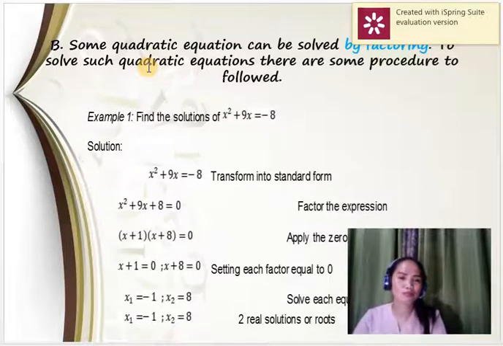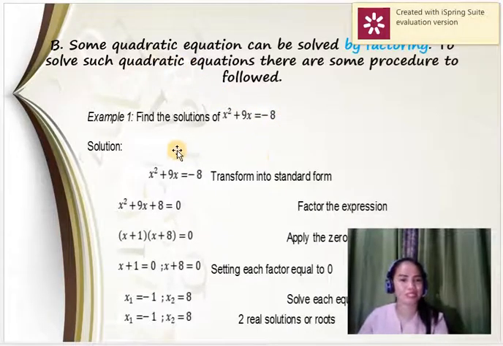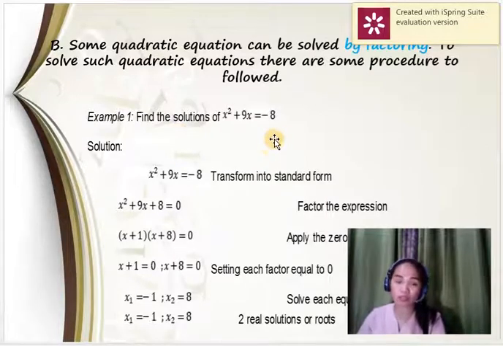We're going to proceed to factoring. So how are we going to solve quadratic equations using factoring? A while ago we factored quadratic equations. So let us have this one.